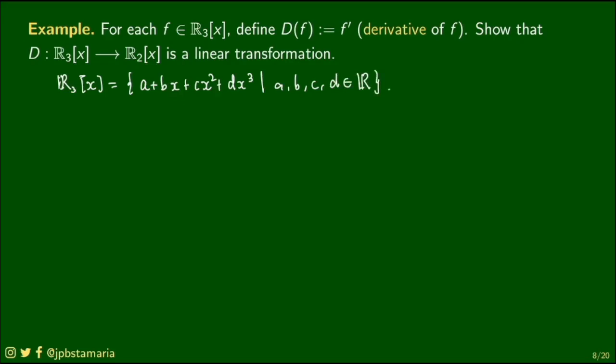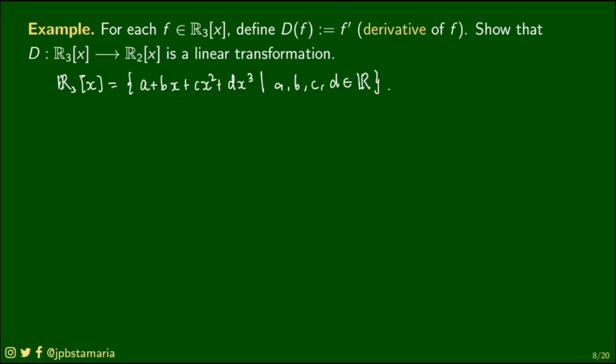So let's define D of f, where f is in R3[x], as f prime. F prime here means the derivative of the polynomial f. It is similar to the derivative that you have learned in calculus.